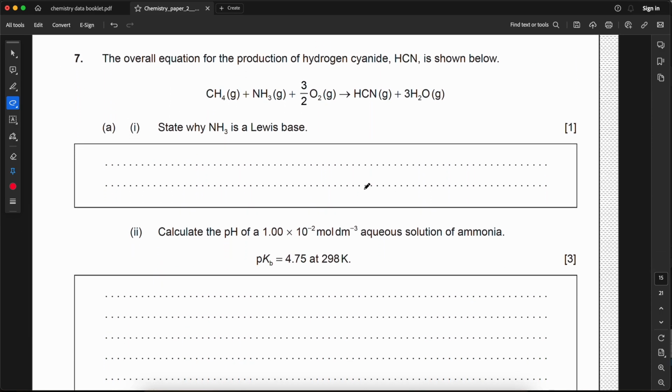The overall equation for the production of hydrogen cyanide is shown below. State why NH3 is a Lewis base. So as you can see, as you know, a Lewis base donates a pair of electrons, and NH3 has a lone pair. Okay, so NH3 is a Lewis base because it donates a pair of electrons.